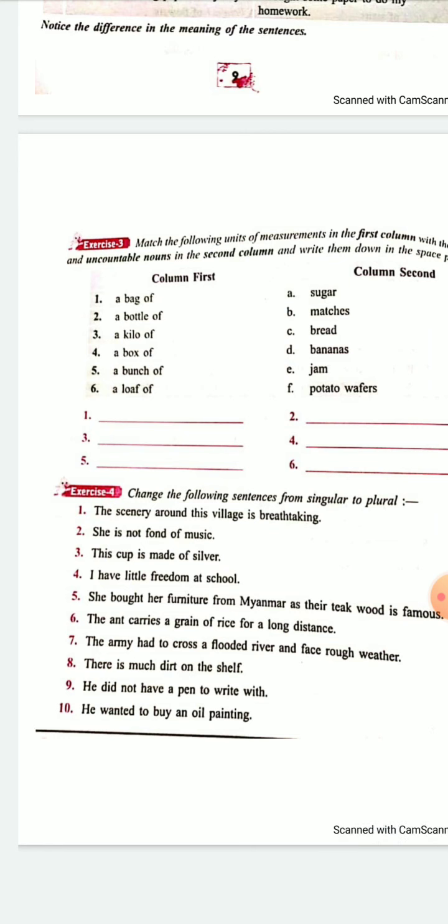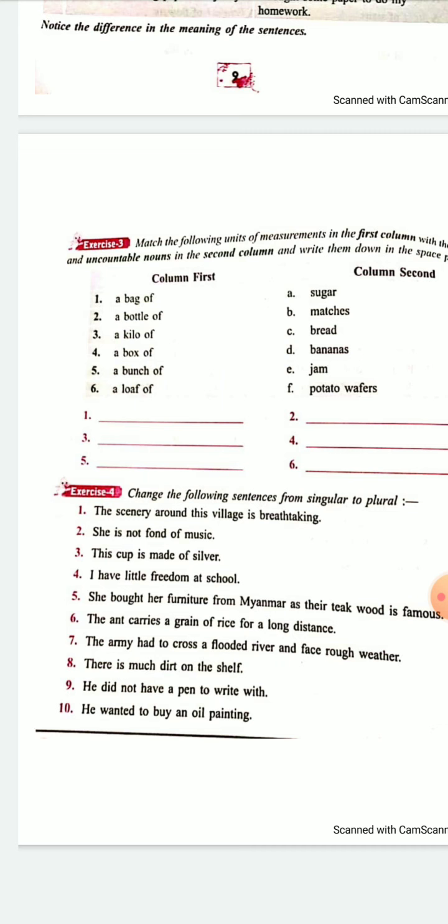Now we have something. We have exercise 3, which shows you first column and second column where you have to match. Means what goes with what. Let me help you with it. A bag of. A bag. What will a bag contain?